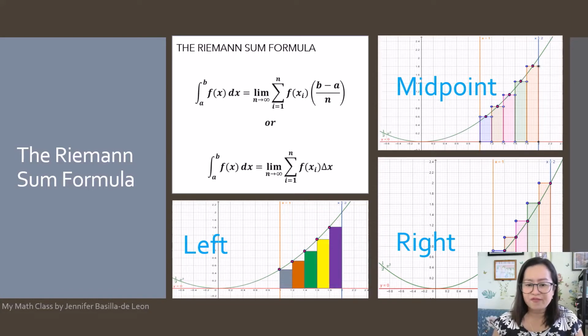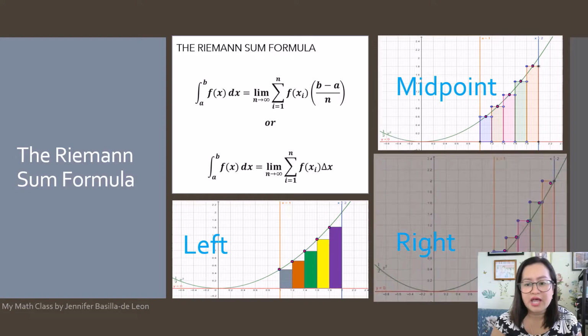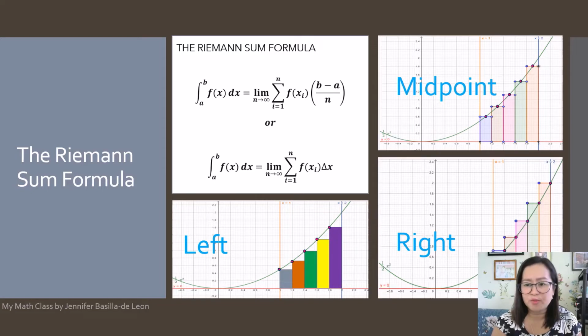We can have the first type, which is using the left vertex of the rectangles, and we call this the left Riemann sum formula. We can also use the right vertex of the rectangles that can fit in that particular area, and that we call the right Riemann sum formula.